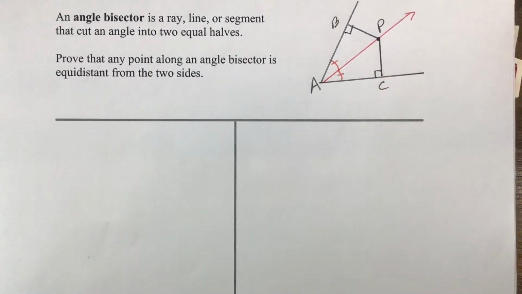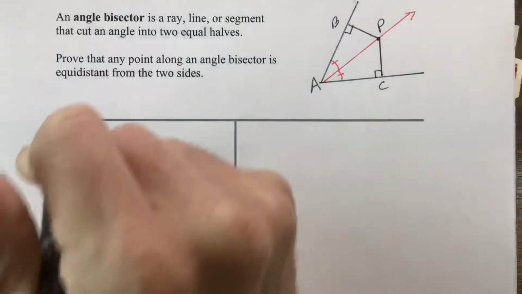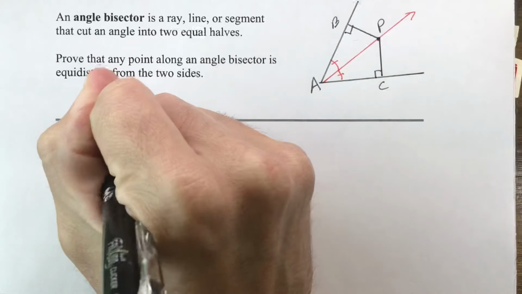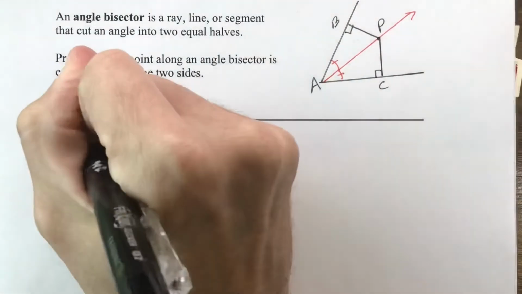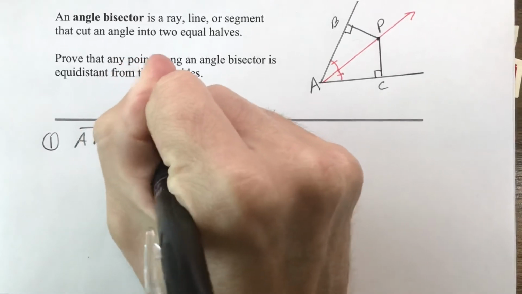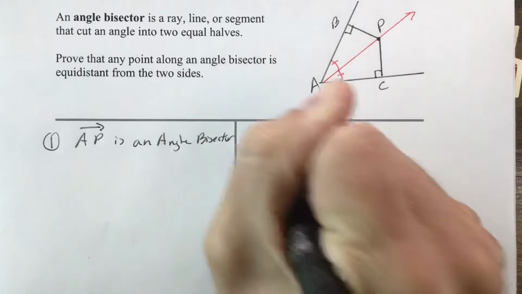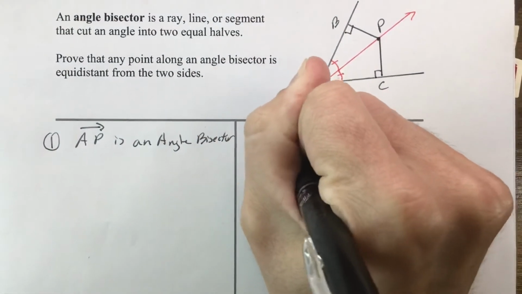For step one, which is usually our given information, what we have here is an angle bisector. Step one, we'll call it ray AP. Ray AP is an angle bisector, and for that, we'll just write given.